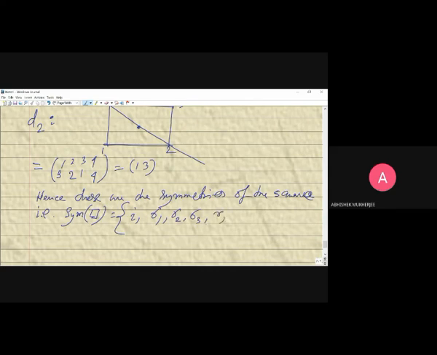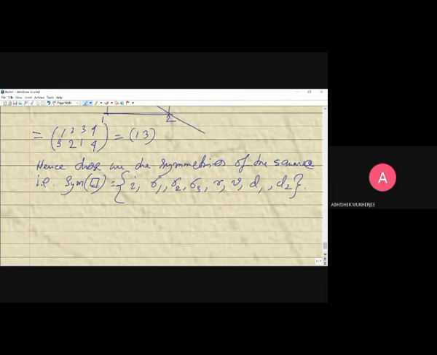After that you have R, V, D1, D2. So it is a group of 8 elements. And note that the symmetric group of order 4 has 4 factorial elements. That means 24 elements. So this group is a subgroup of S4.